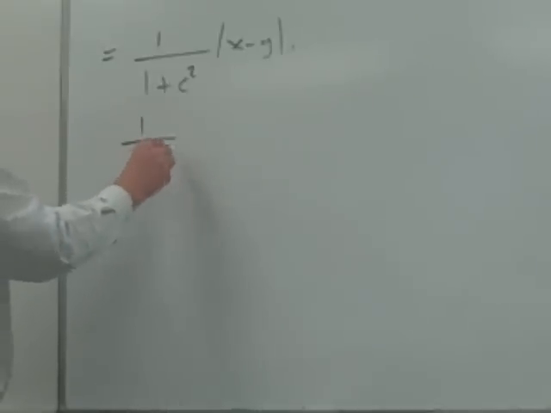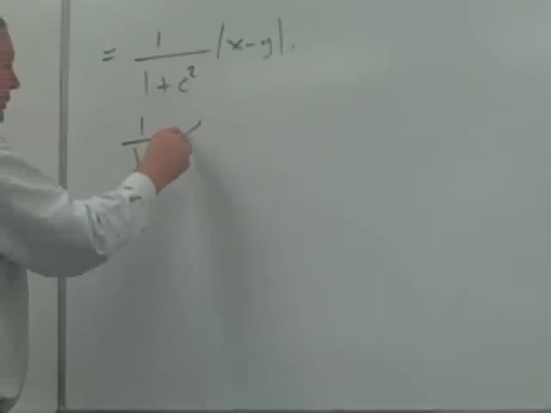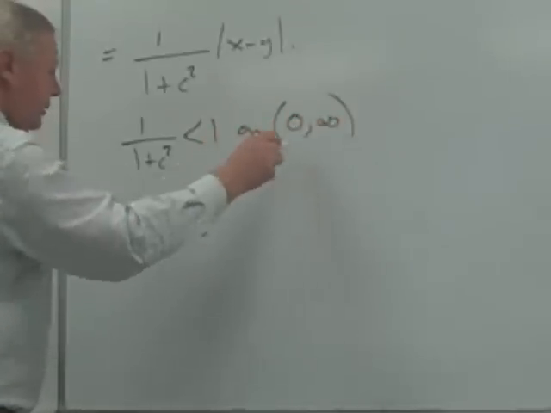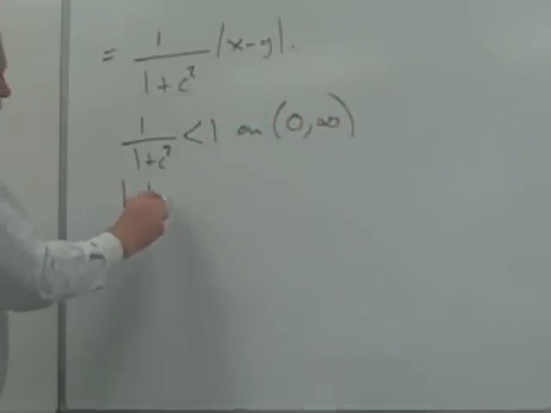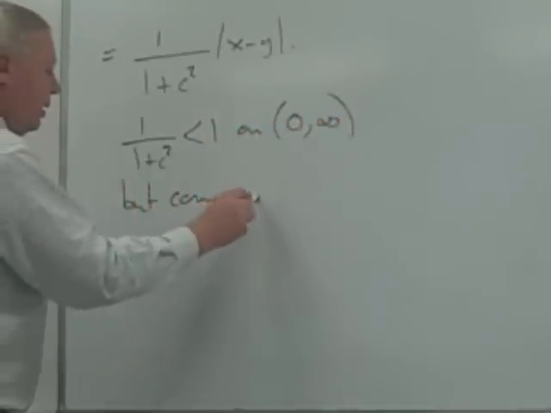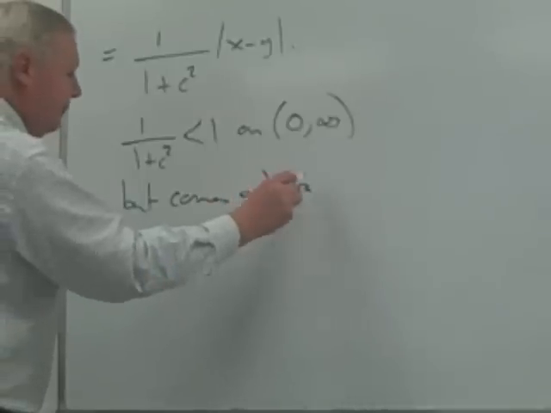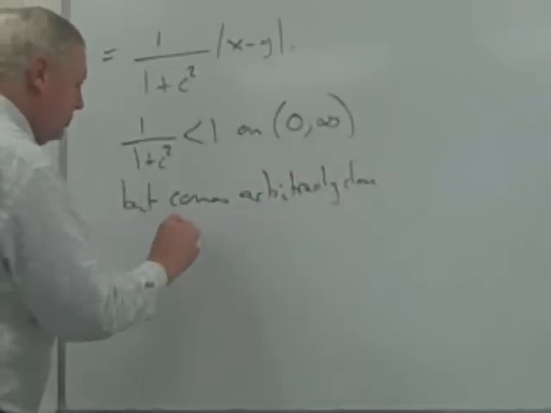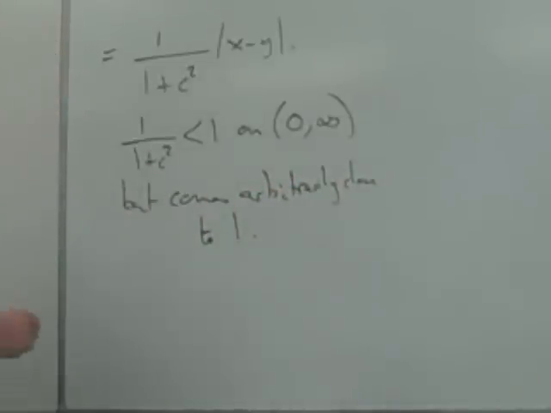Over 1 plus c squared is less than 1 on 0 to infinity becomes arbitrarily close to 1. So there isn't a single constant less than 1 that I can put in here to give me a contraction.